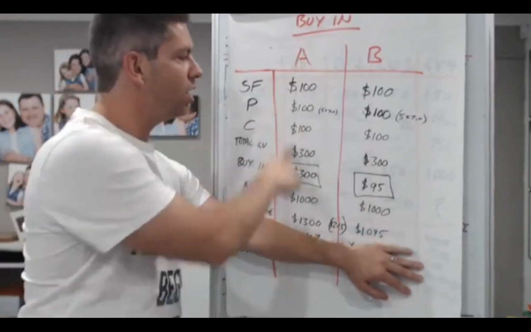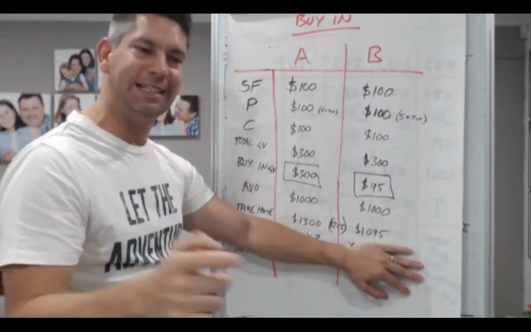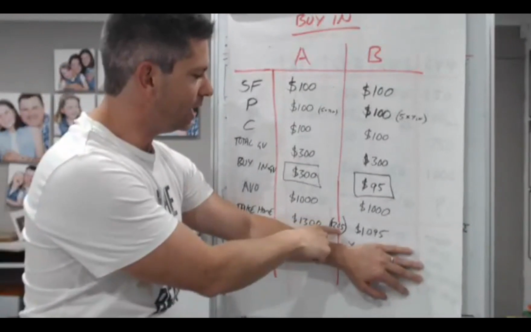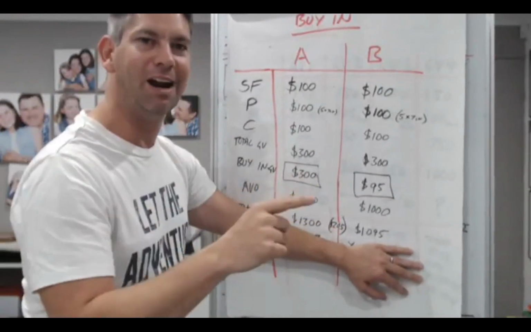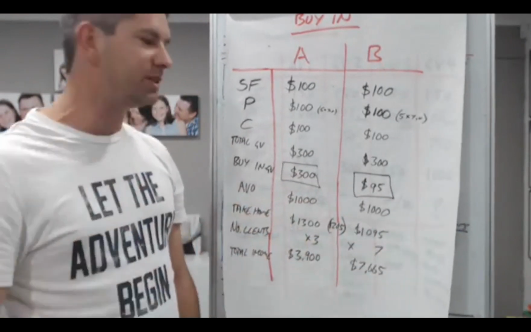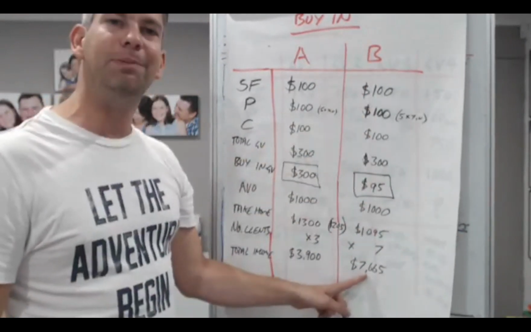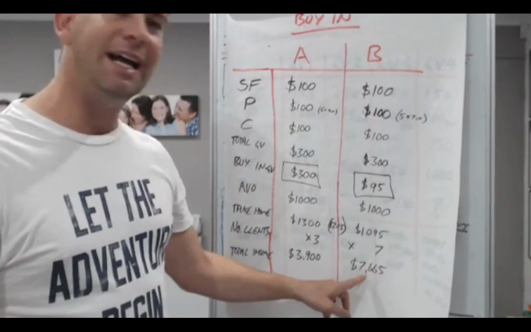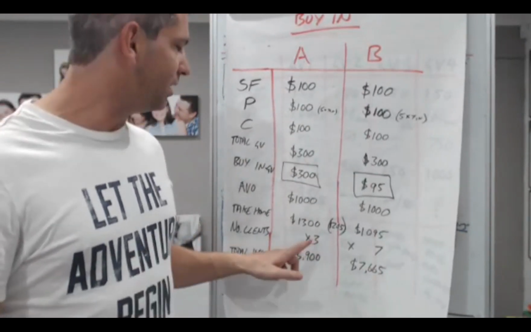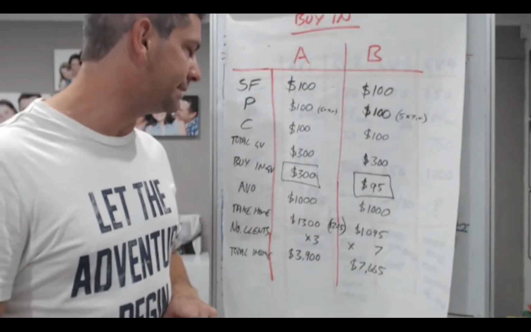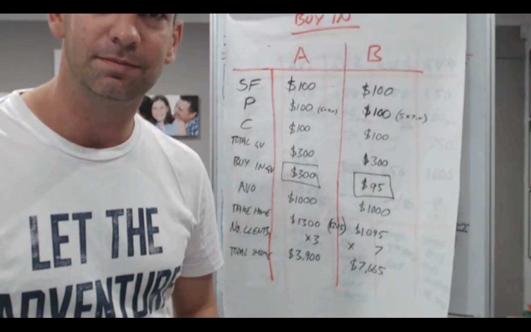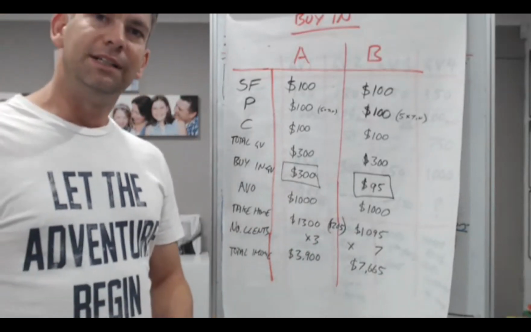There's no word of a lie that Jacinta is going to be making $205 more than Karen per client. But the difference is, like you just put your hand up, 7 people are going to pick Karen, and she's going to earn $7,665, and only 3 people are going to pick Jacinta, and she's going to earn $3,900. So this is the argument.